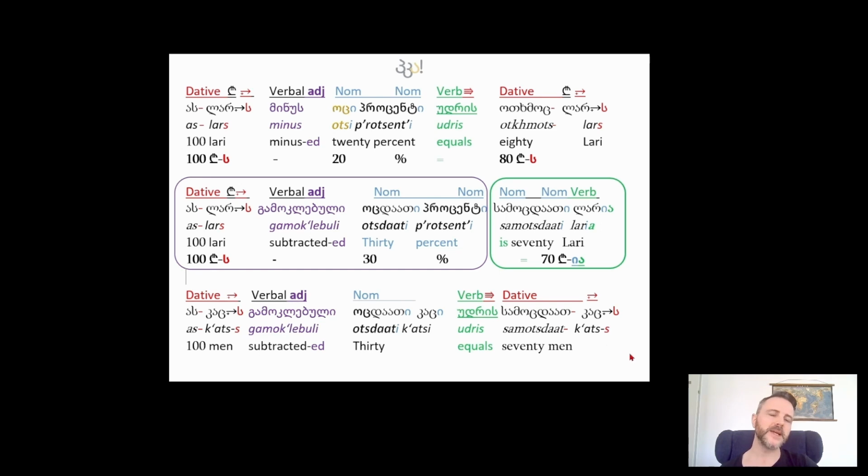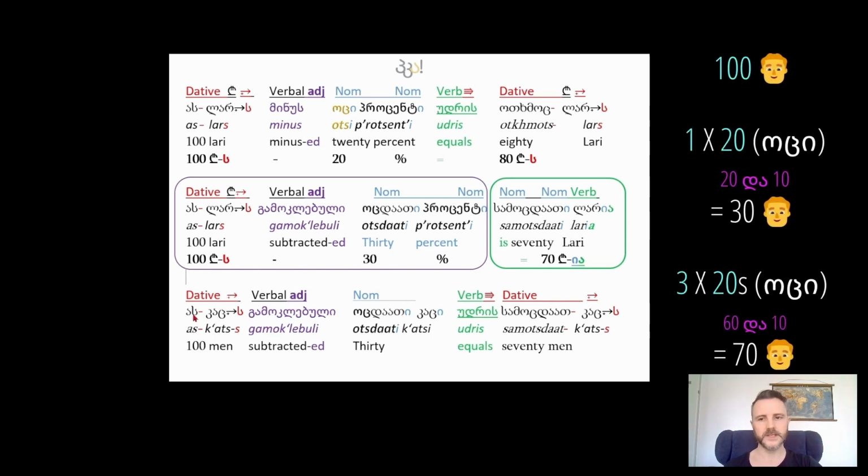So, but we're doing it very concretely. We're going to say that there are, in fact, 100 men, and 30 men subtracted from 100 men is 70 men. So, of course, our number loses its ending, and katsi takes a dative. So, as kats გამოკლებული 80 katsi udris samotstāt kats. That's how we're going to construct it.